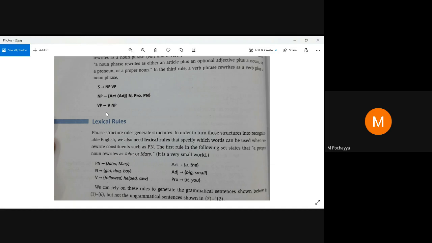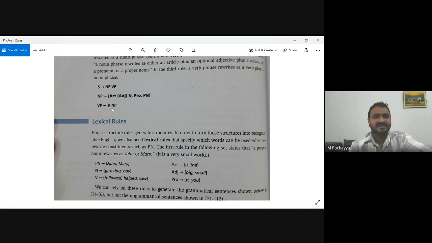In that verb phrase, verb phrase can be separated into verb plus noun phrase. So what is the verb here? Saw is the verb. And the big dog, that is again noun phrase. In that verb phrase, we can separate verb as a separate part, and the remaining part is again noun phrase.